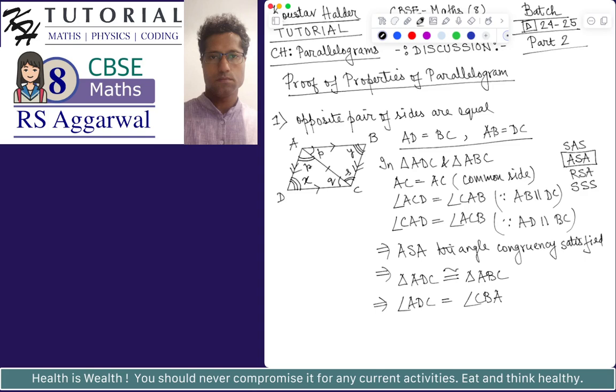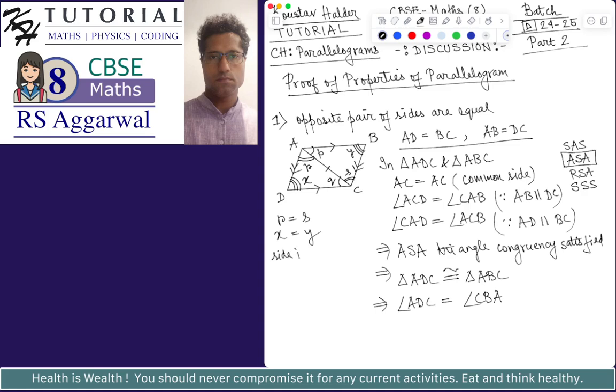I hope you are aware of how, when you have established a congruency between two triangles, what the corresponding angles and corresponding sides are. Since R is equal to S, that is, angle R of triangle ADC is equal to angle S of triangle ACB, and we also have x equal to y, that is, angle x of triangle ADC is equal to angle y of triangle ABC.